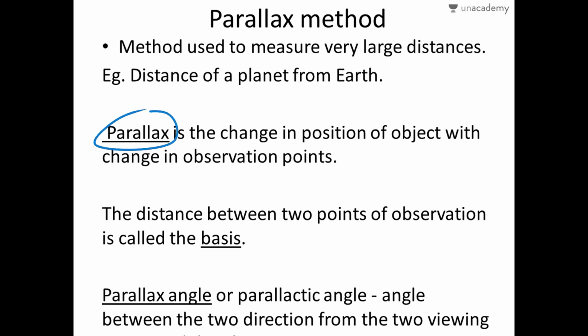It is the change in the position of an object with change in observation point. The distance between the 2 points of observation is called the basis. Parallax angle or parallactic angle is the angle between the two directions from the two viewing points.